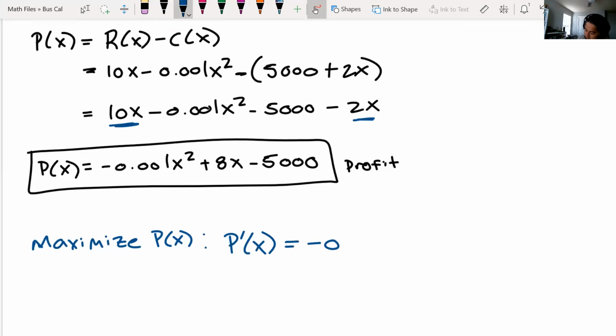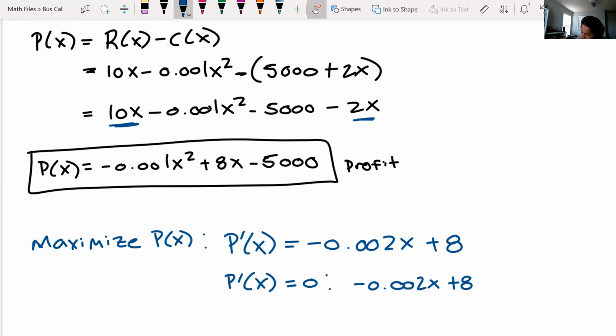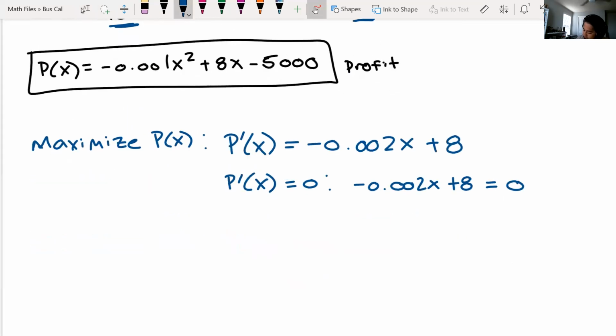Which is going to give me negative 0.002x plus 8. We set it equal to 0. And we solve for x. I'll just move that 8 over. And then divide by negative 0.002.